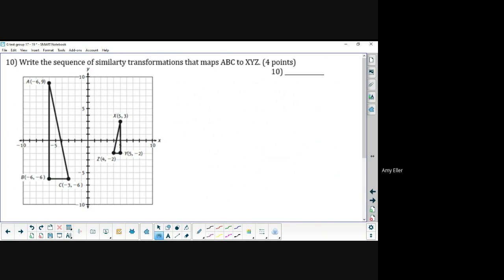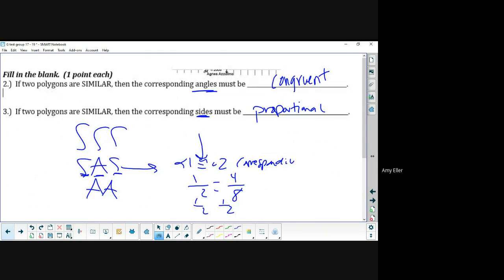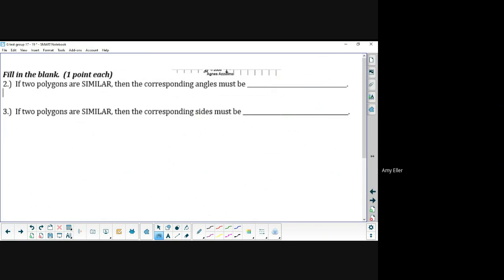The sides are not, they're proportional, a third smaller, a fourth smaller, or whatever. So angles are always the same size, which we say congruent. Sides are proportional. That was on a previous quiz, and there was a word bank for that, but not on this one, because you've already quizzed on it.